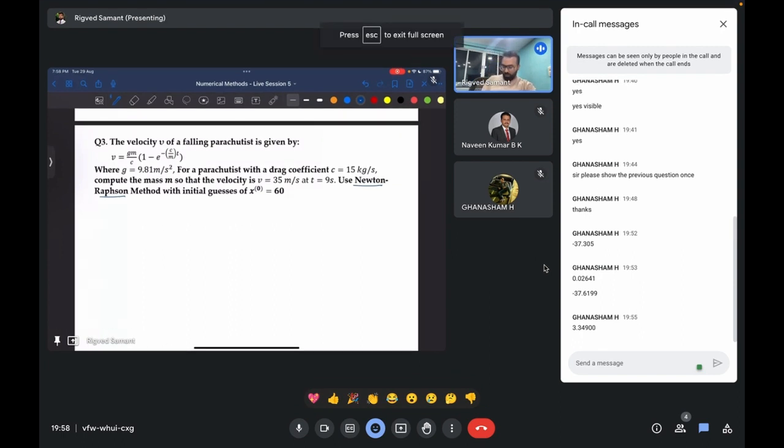So first we have to find the function of m, then after finding the function of m we have to take its first derivative, and further we can solve by putting in the initial guess and iterating further and further. Here the initial guess given is 60, so it is your duty to find the correct function of m.